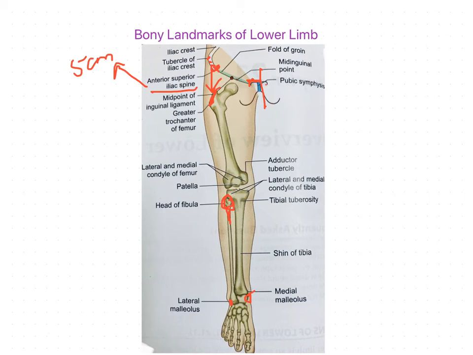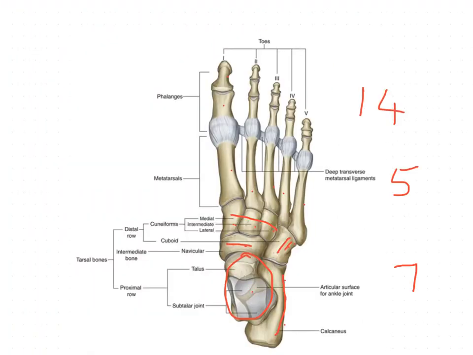One is the calcaneum. We have seen the calcaneum in the bones of the foot. So this is the calcaneum. This calcaneum can be palpated on its posterior, and also medial and lateral parts.